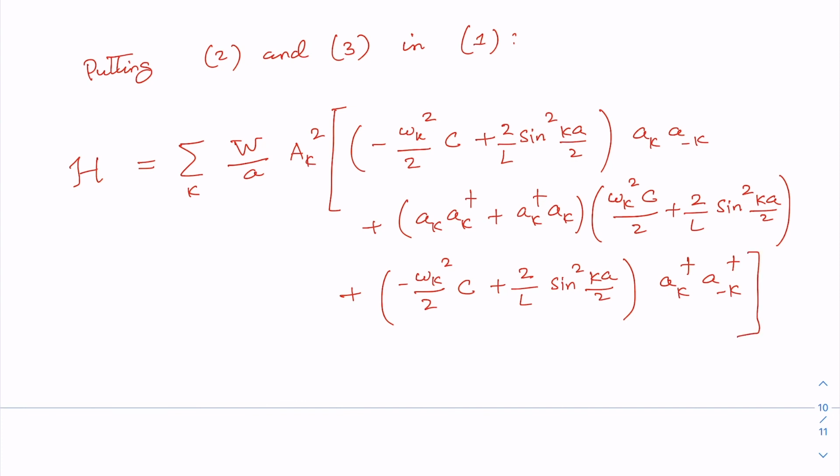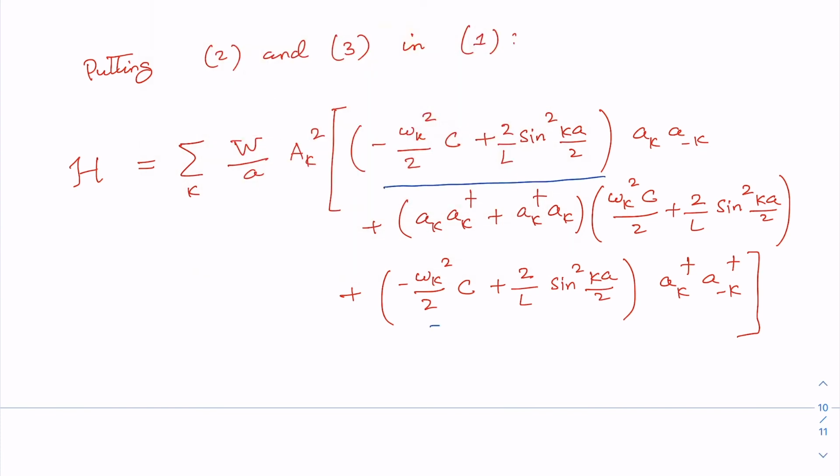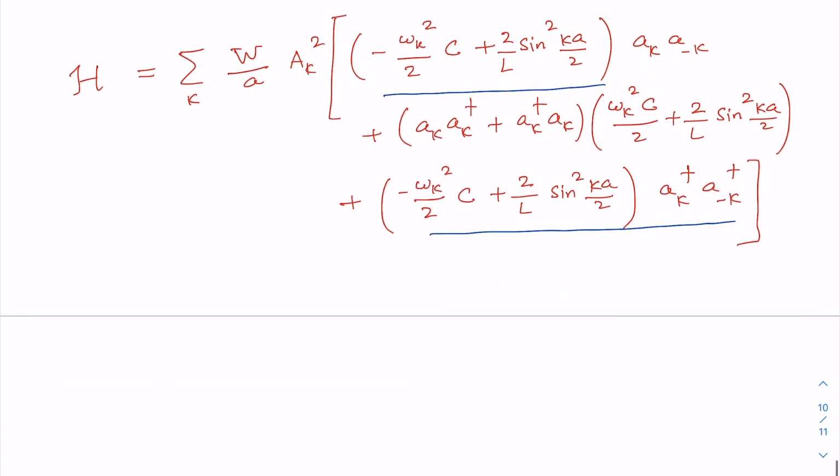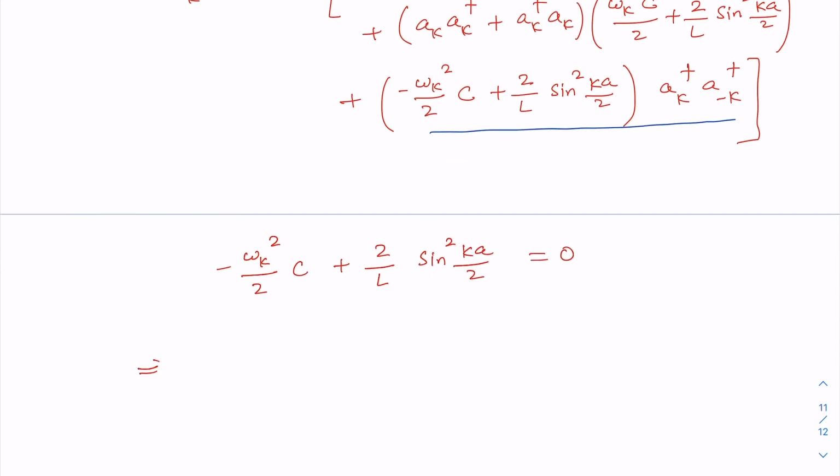Now you see these terms, we don't want these terms, these are unwanted terms, and therefore we take minus omega k square by 2 c plus 2 by l sine square ka by 2 to be equal to 0, and from this we get the required dispersion relation, that is omega k is equal to 2 by square root of l into c, sine modulus of ka by 2.